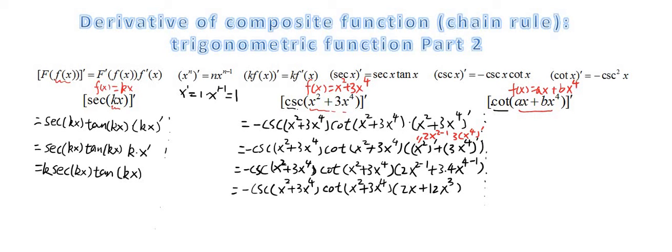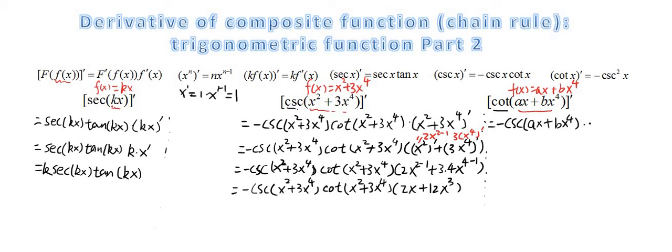Now, let's follow the formula. The derivative of capital F, here the derivative of cotangent, should be negative cosecant. So it should be negative cosecant, and f(x) we copy: ax plus bx to the power 4, and times the derivative of f(x).